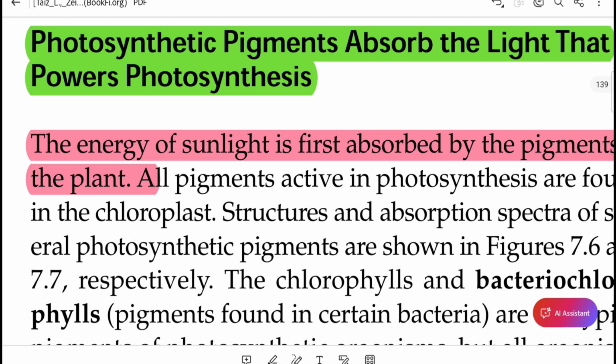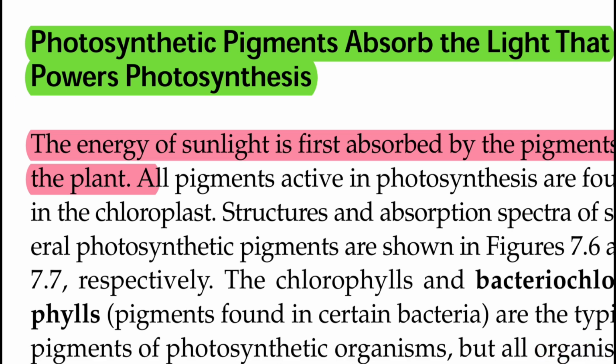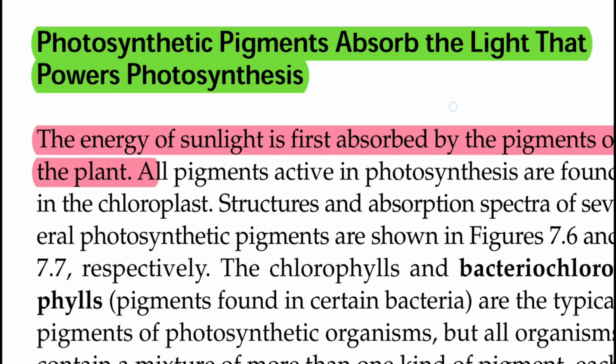Good morning, students. Once again, we are going to discuss a new topic: photosynthetic pigments absorb the light that powers photosynthesis. In this topic, we are going to discuss mostly chlorophylls, right?